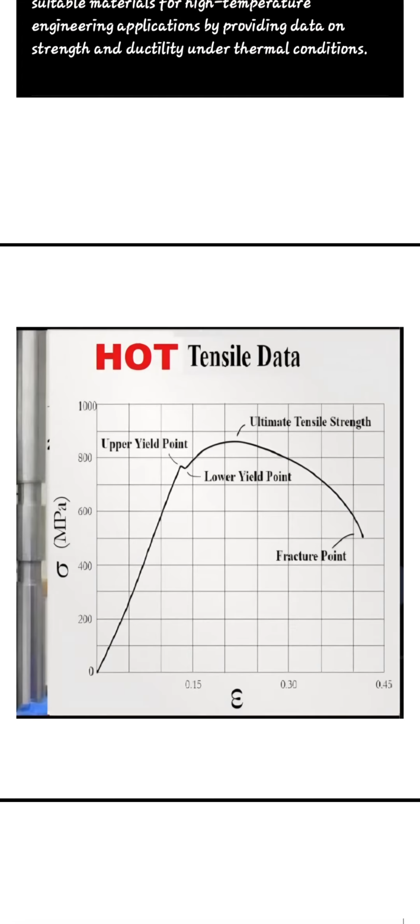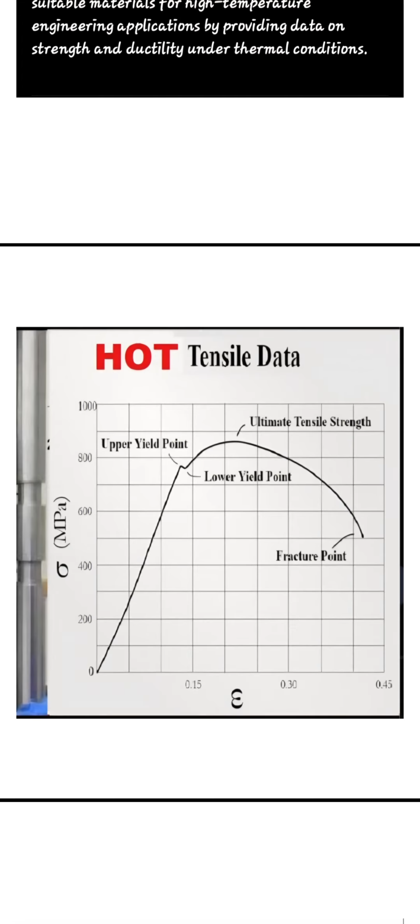The last one is the summary of the hot tensile test. The hot tensile test is used to measure the strength and ductility of a specimen at high temperature.